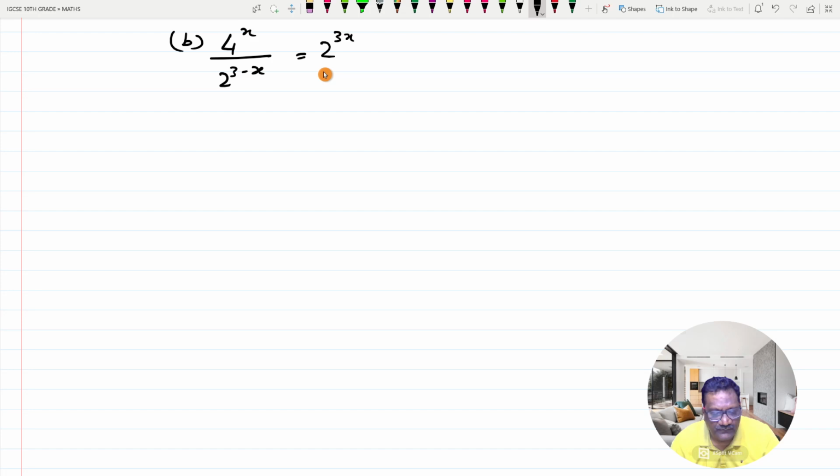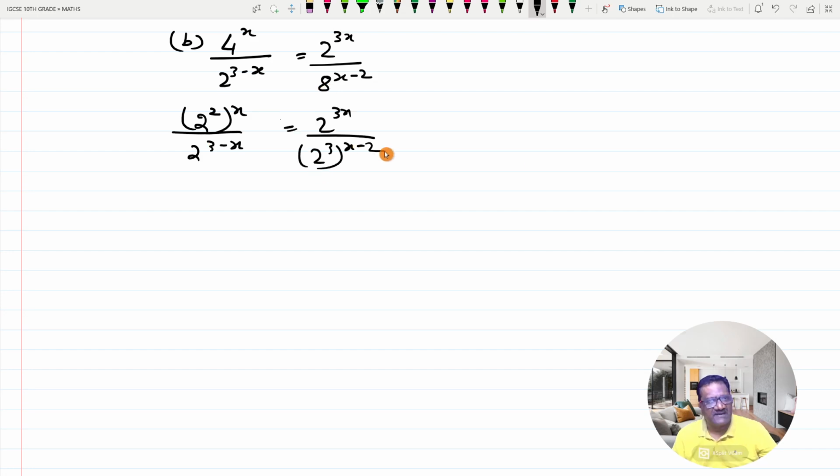Fine. Now again, first thing what I will do is I'll make the bases equal. So 4 can be written as 2 square whole raised to x upon 2 raised to 3 minus x equal to 2 raised to 3x. And here this 8 I'm going to write as 2 raised to 3 and I'm going to write x minus 2.